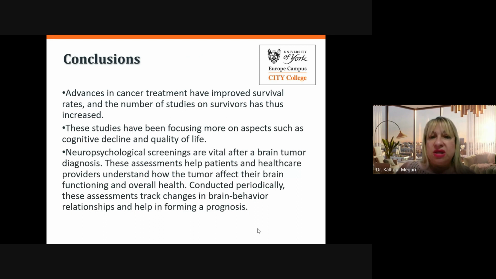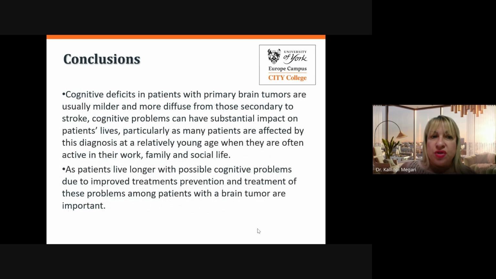Neuropsychological screenings are vital after a brain tumor diagnosis, and these assessments help patients and healthcare providers to understand how the tumors affect their brain functioning and their overall health. Conducted periodically, these assessments track changes in brain-behavior relationships and help in forming a prognosis.